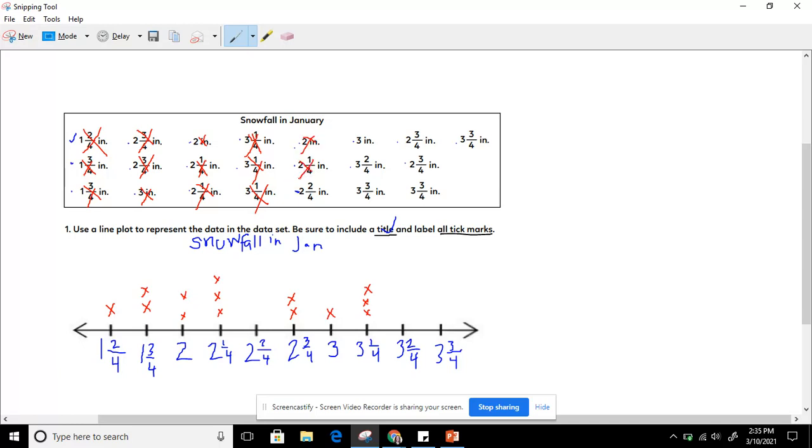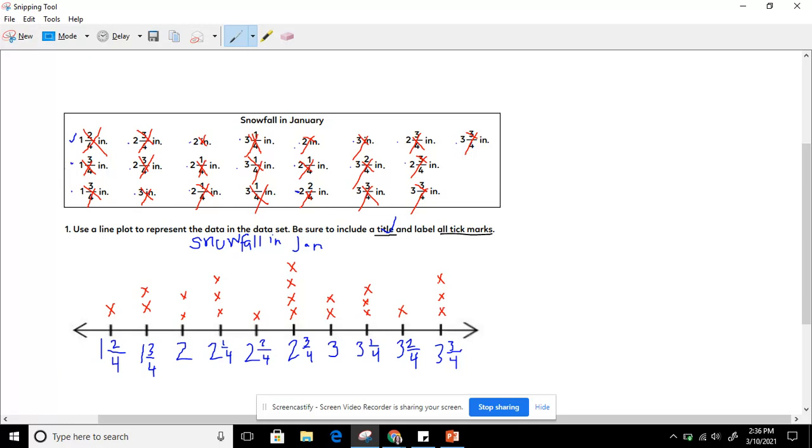Let's cross those out so we don't lose them. 2 2/4. 3. 3 2/4. 3 3/4. 2 3/4. 2 3/4 again. 3 3/4. And another 3 3/4. All right, so there's our data set with the line plot.